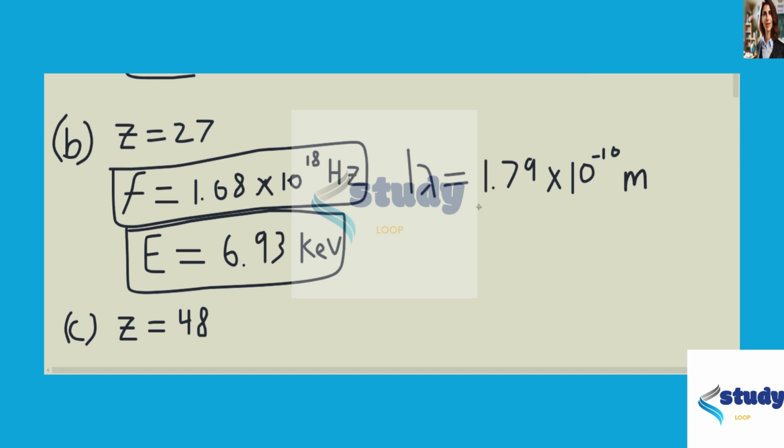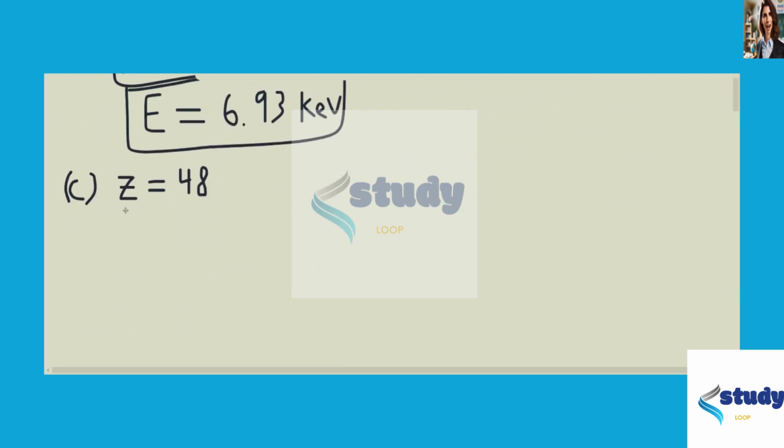And lastly, when Z is equal to 48, we plug Z equals 48 into our equation for frequency, and in this situation the frequency is equal to 5.4 times 10 to the 18 hertz.